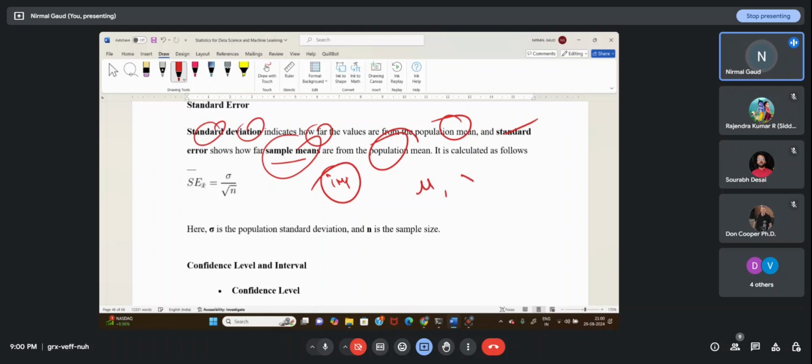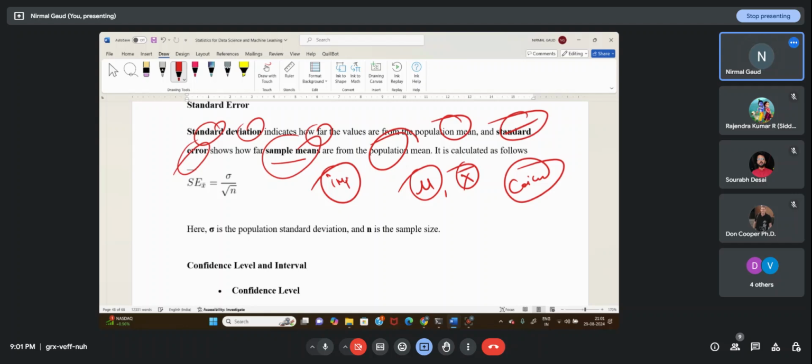Population mean and sample mean, how far they are from each other, is called the standard error. मतलब हम चाहते हैं पॉपुलेशन का मीन और सैंपल का मीन coincide करे. But how? Because the sample is small, its mean will be small.